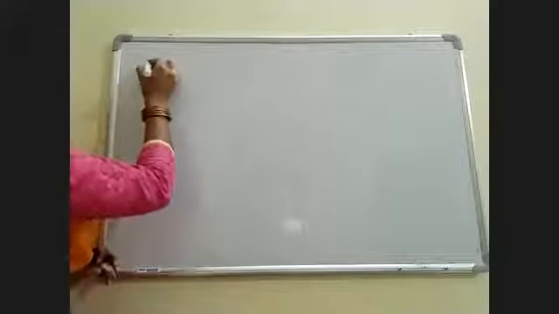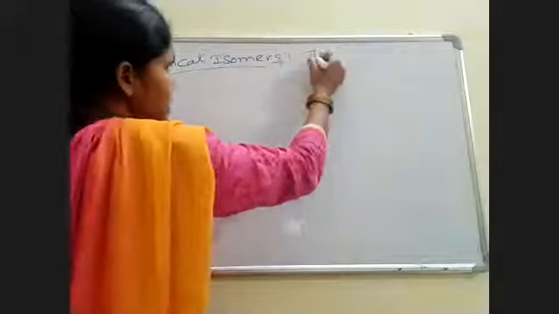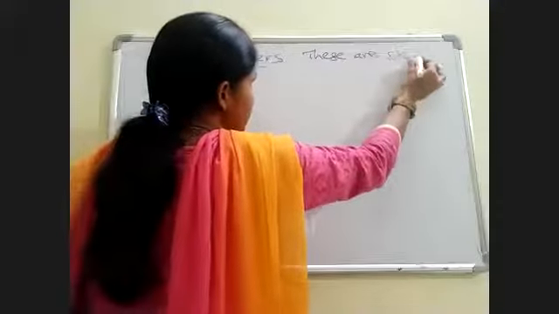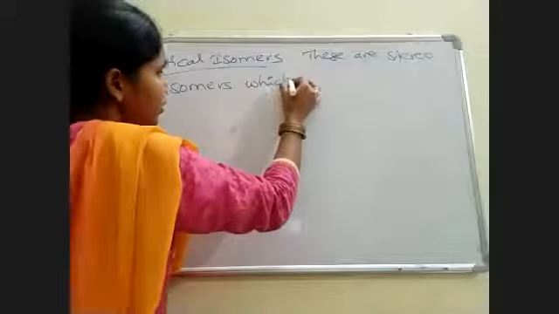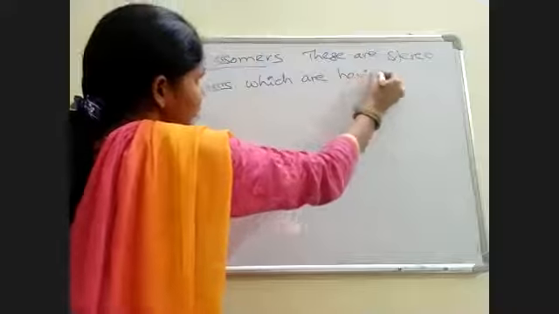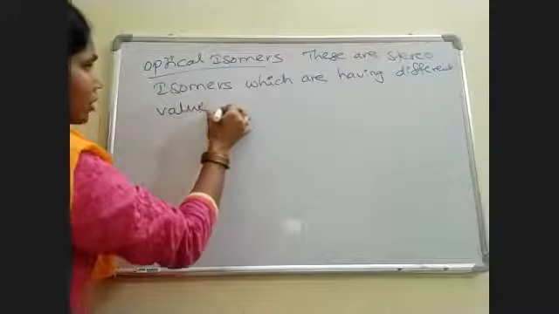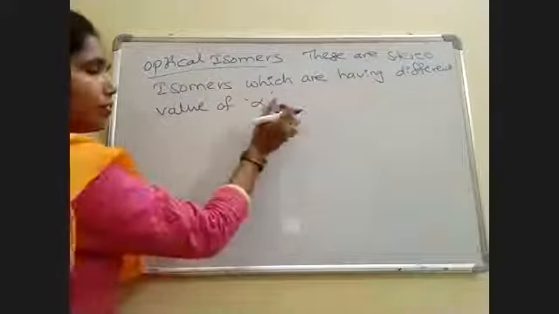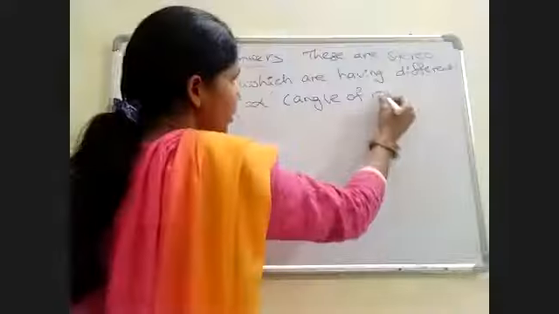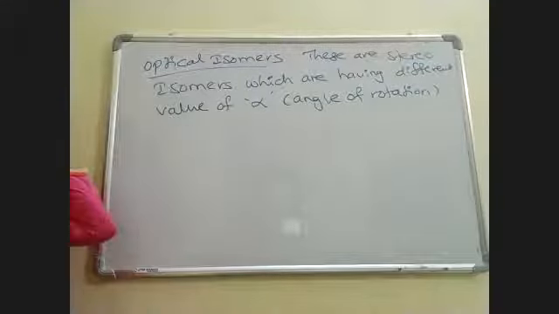Optical isomers are stereoisomers which have different values of alpha, that is, different angles of rotation.